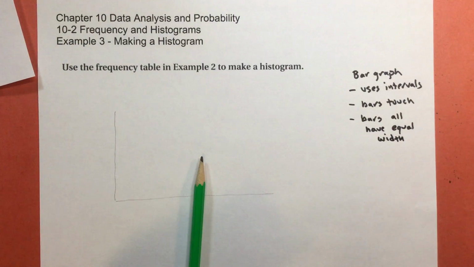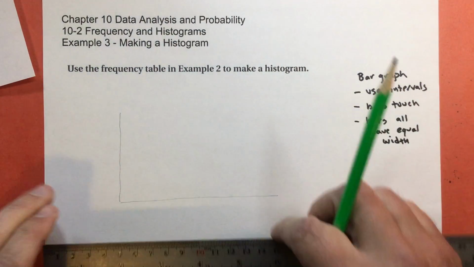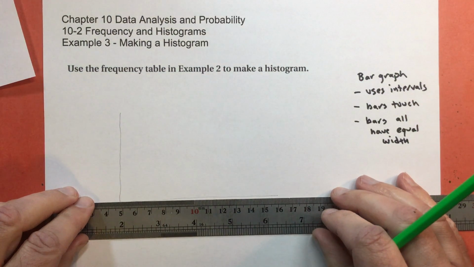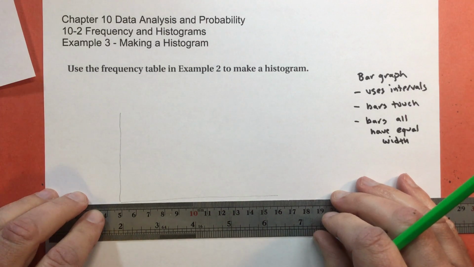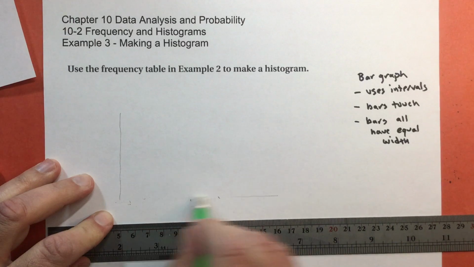So all the bars are exactly the same width. Now, I probably should use a ruler to make that happen. So I'll try to do my best. See, this is why you've got to. I was going to sketch this.